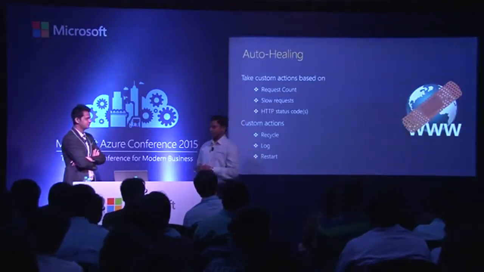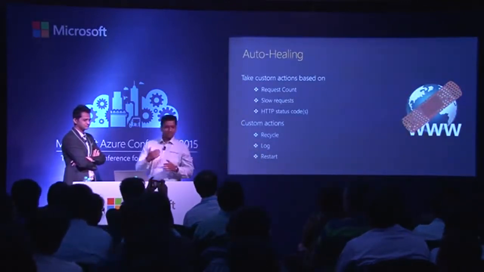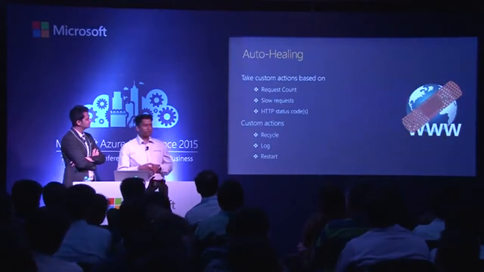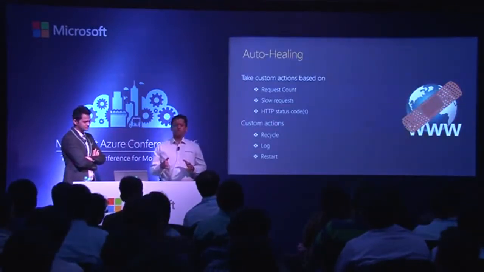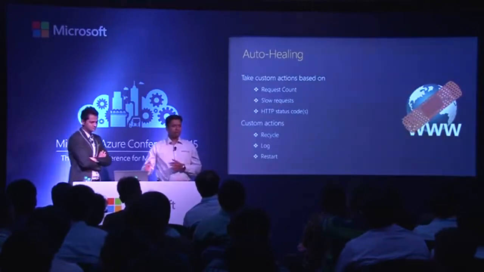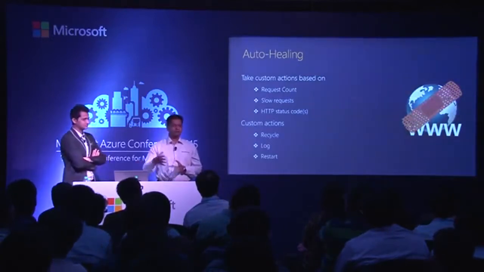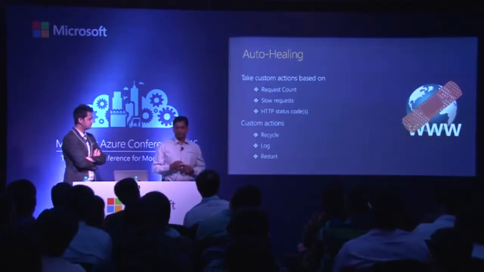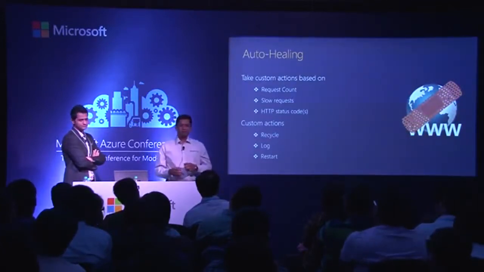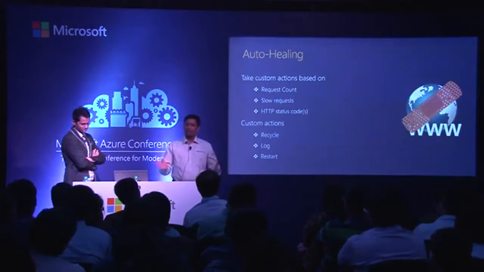For example, you can take custom actions based on request count, slow requests, or a particular status code. You can say, after my website has served these many requests, recycle that website to ensure that the website stays healthy. You can even say that if the website is taking this much time to load, collect a memory dump, analyze it for me, and restart the website.